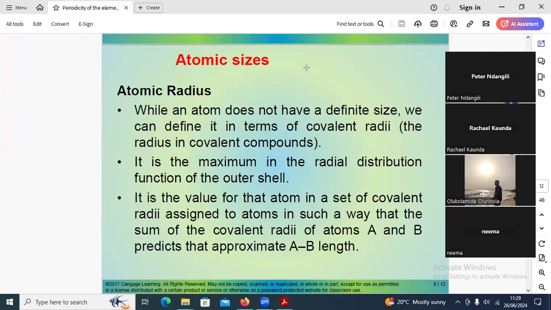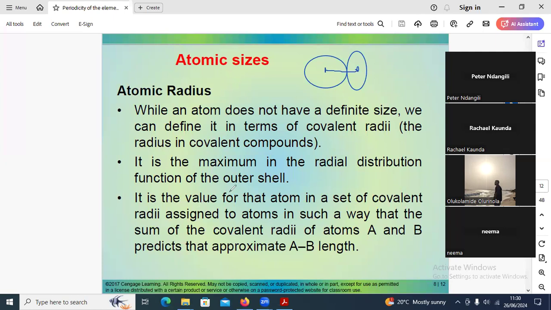this way, that we have an atom here, and we have an atom there. These two atoms are defined by a particular nucleus, a particular nucleus. So the distance, if we get that one, is going to give us what we call an idea of the atomic radius.